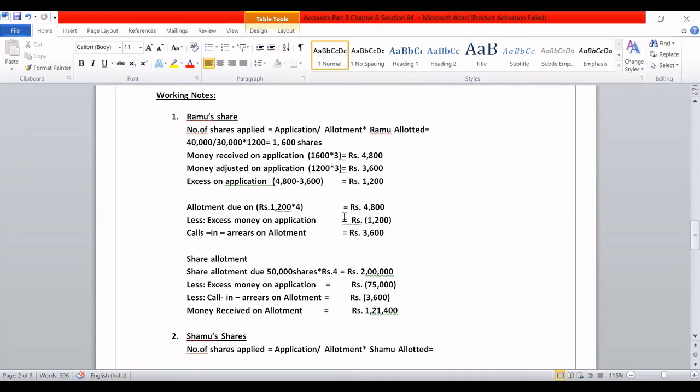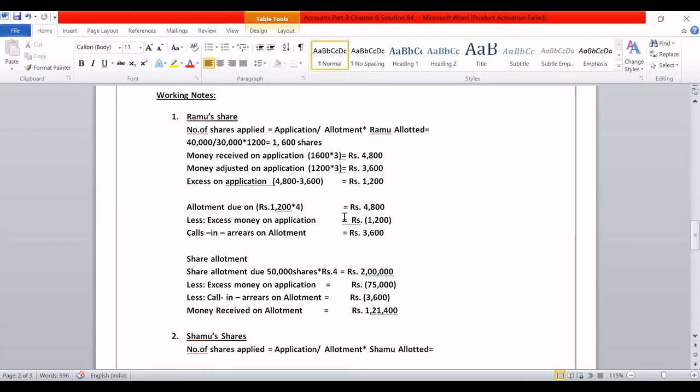And now the money adjusted on application is 1,200 into 3, because he failed to pay for some shares. So out of 1,600, money adjusted on application was 1,200 into 3, that is 3,600, and now the excess application was 1,200.